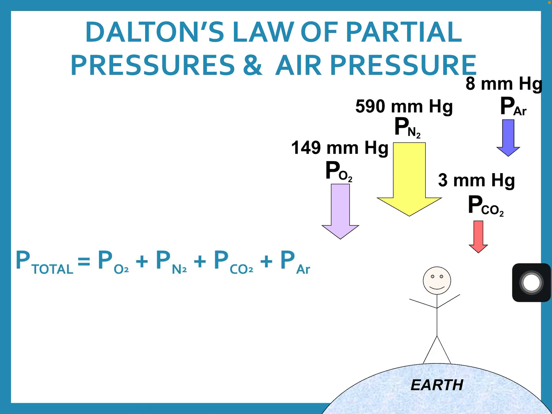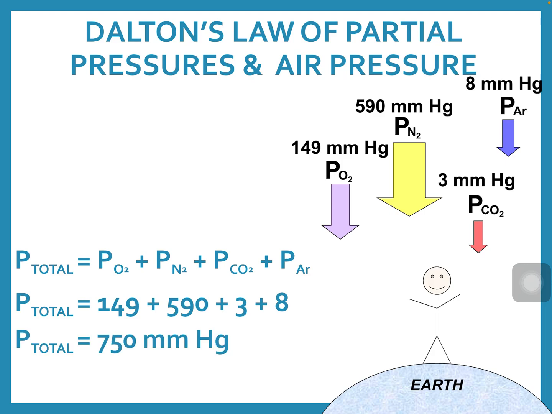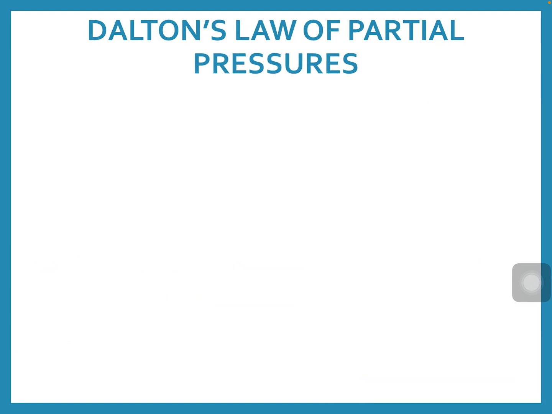So the total pressure of the particles in the atmosphere would be the addition of the partial pressure of each of the separate elements or compounds. So 149, 590, 3, and 8. So the total air pressure would be 750 millimeters of mercury.